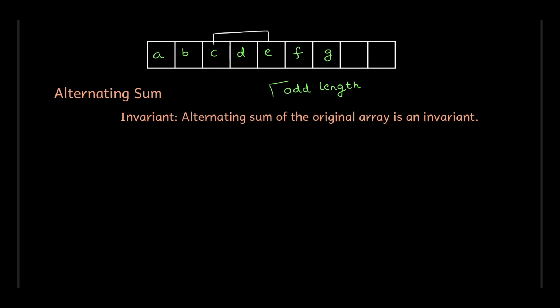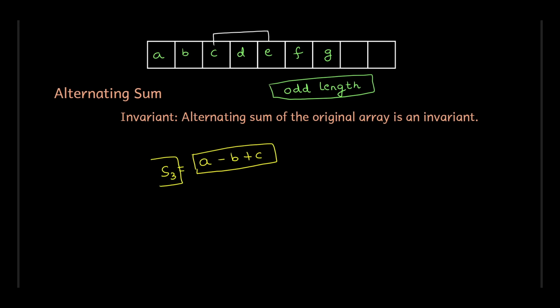But for odd length, we were wondering that can we switch from 3 to 1. So if you had something like at the end, you will have remaining A minus B plus C, and you want to know whether you can convert this even further. So now notice that this alternating sum that remains at the end, this is S3, like let's say this is the alternating sum when you have just 3 elements remaining.